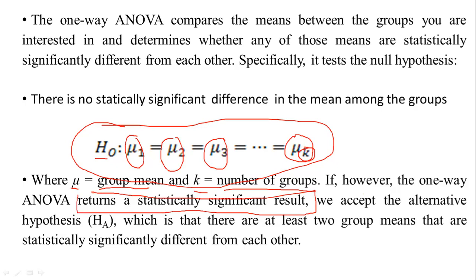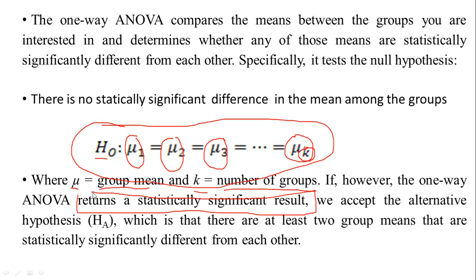So we look at the groups, and if the results are significant, then we reject the null hypothesis and accept the alternative hypothesis. Very important as we move on.